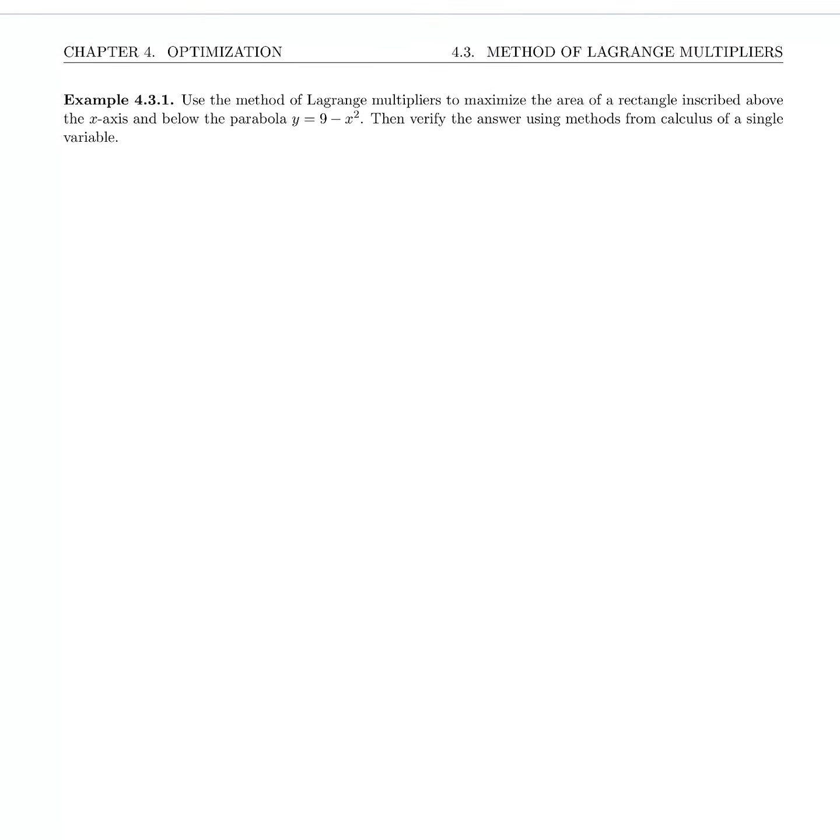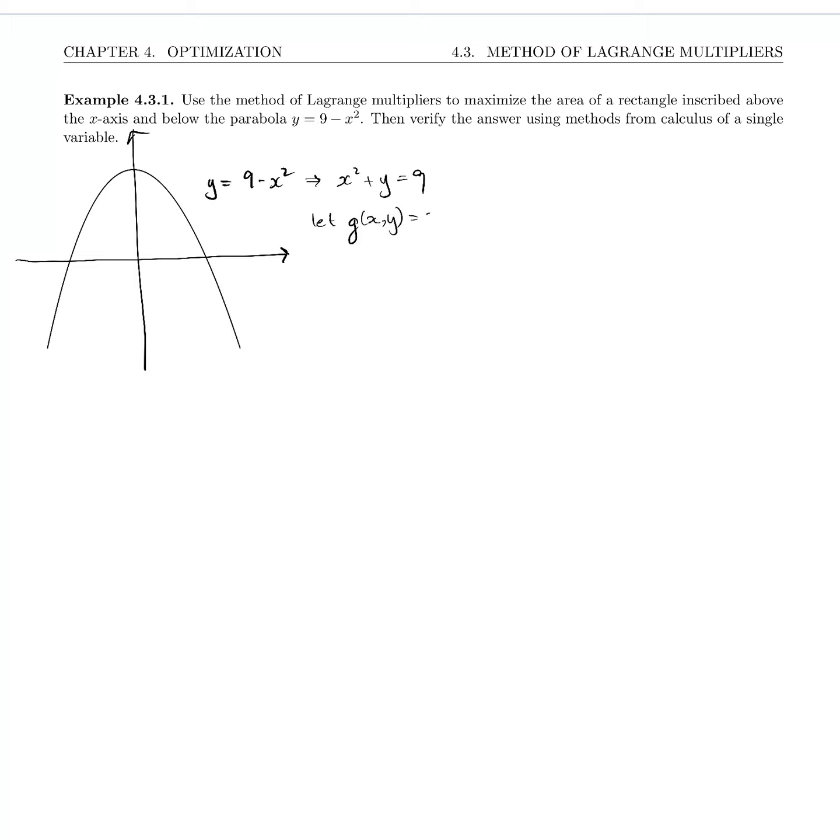So we have a parabola, the parabola y is equal to 9 minus x squared. Notice before we do anything else that that can be rewritten as x squared plus y equal to 9, and that this is the curve g of x y is equal to 9, a level curve where the k value is 9.